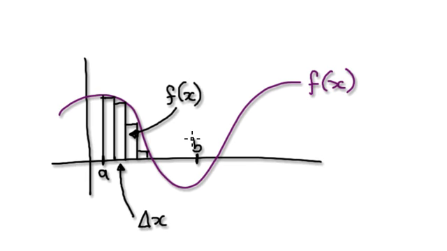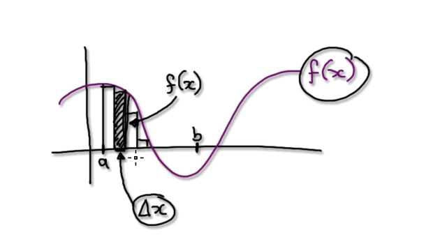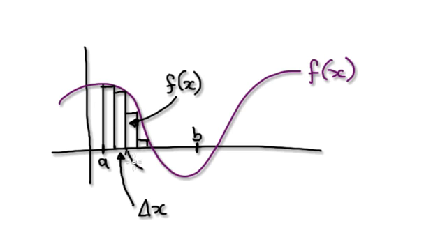Cast your mind back to when we were doing Riemann sums. We would divide everything up into small rectangles, and we would want to know the area of this rectangle. The area of this rectangle would be the width, which is delta x, times the height. When f of x is positive, and you put this point into the f of x here, it would be positive, meaning that the height of this rectangle will be positive.